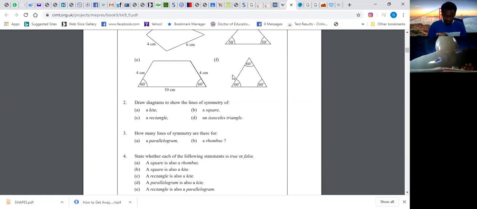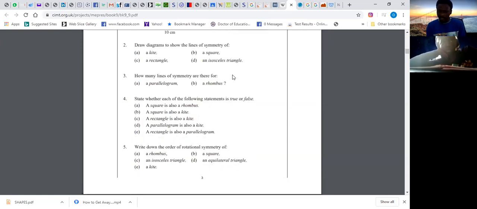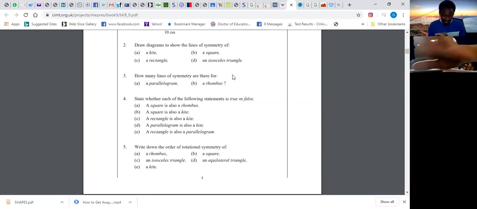Number 4. State whether each of the following statements is true or false. A square is a rhombus. Do you agree? Yeah. A square is also a kite. Do you agree? False. A rectangle is also a kite.